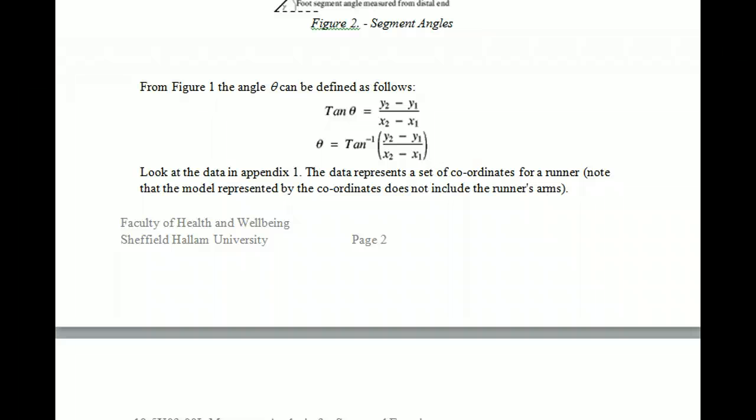Now if we remember the trig function, tan theta equals opposite over adjacent, then for our situation tan theta would equal the difference in the y coordinates divided by the difference in the x coordinates. Therefore the angle would be the inverse tangent of whatever this value works out to be.